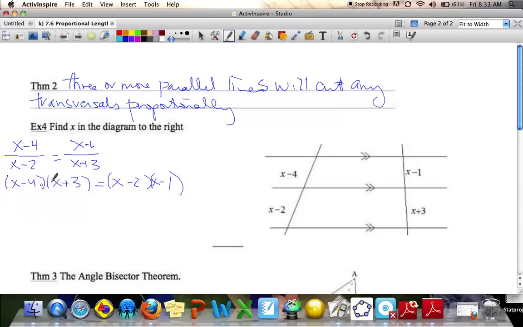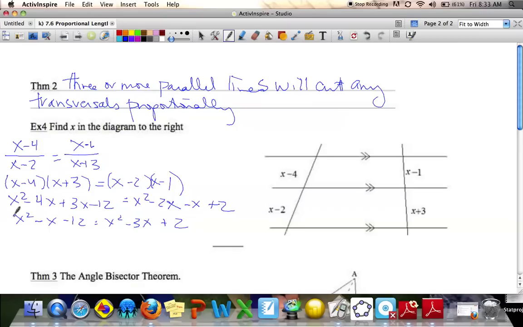And we carefully FOIL, or multiply all the terms, plus 3x minus 12, negative times positive is negative, x squared minus 2x minus x plus 2. Putting it together, we get x squared minus x minus 12 equals x squared minus 3x plus 2.